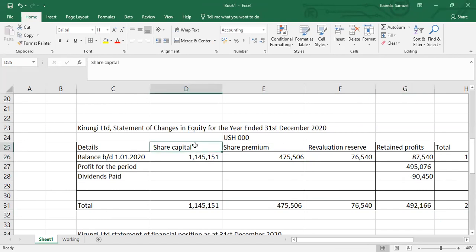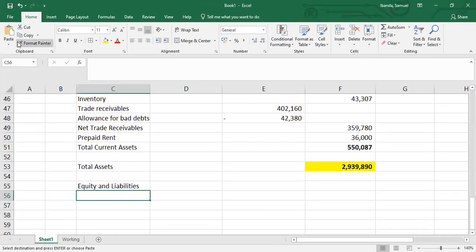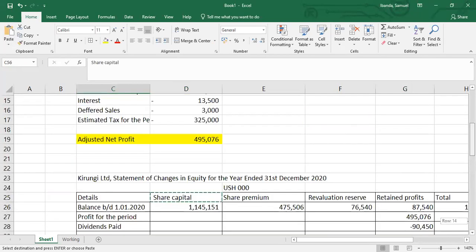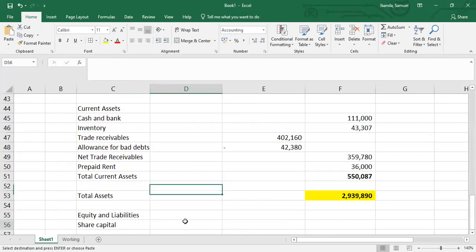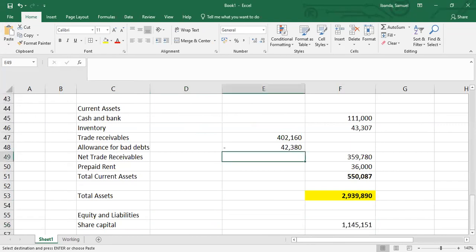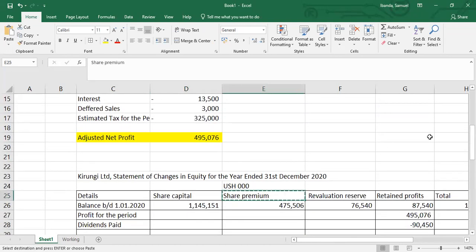Okay, so that is what I want to bring here. So I'll write share capital and pick the amount. So I'll just come here under equity and liabilities. Of course, I'm starting with equity. So I'll just pick share capital, and I don't have to go back and look into the information again because I've already calculated the latest balance here. So that will be the value. Then I'll come to the next one, which is share premium.